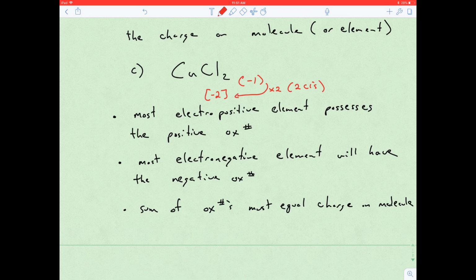Since there are 2 chlorines, the total oxidation contribution from both chlorines would be -2. So that's defining the most electronegative element and giving it its negative oxidation number. We then go to copper. Copper must then balance out the oxidation numbers, and so it's going to have an oxidation number of +2. And so the +2 and the -2 cancel, and that's why the copper chloride then has no charge to it.